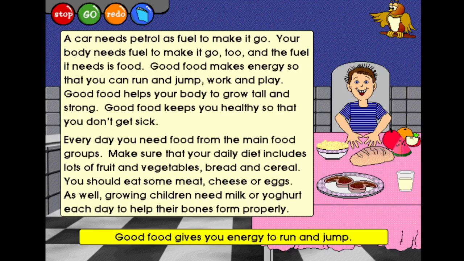Good food gives you energy to run. Food is like fuel for your body. Good food helps your body to grow. Your diet should include vegetables and fruit.